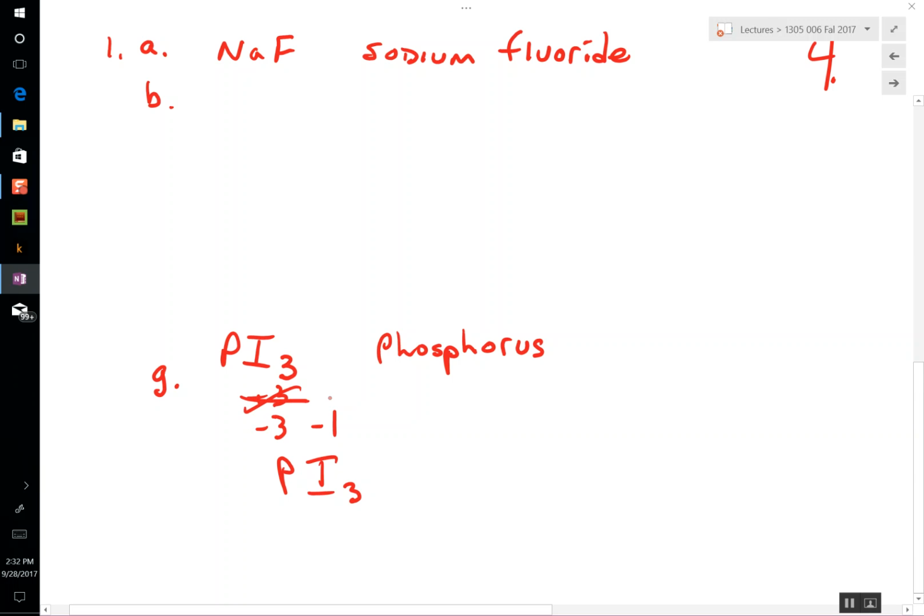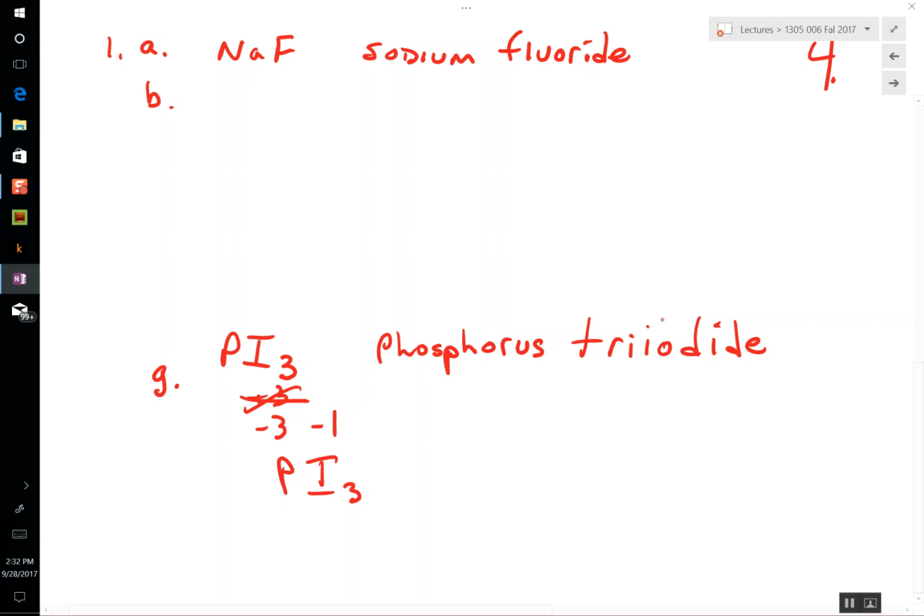It's a -3 ion. It's a nonmetal. So they're going to share. There we go. Is that right? And here is one, and if you Google that, it would come out phosphorus triiodide.